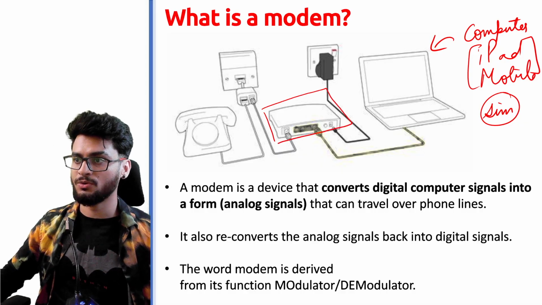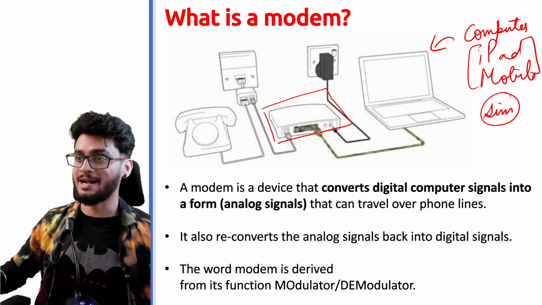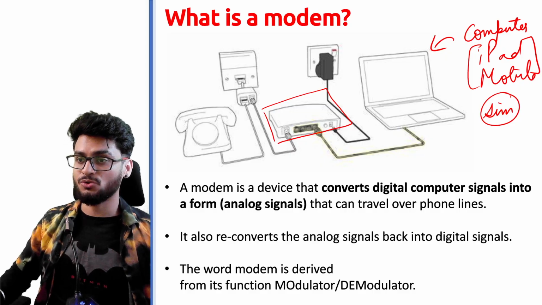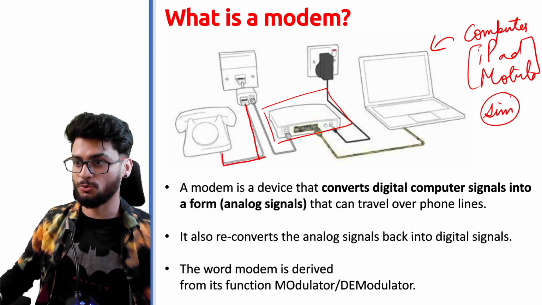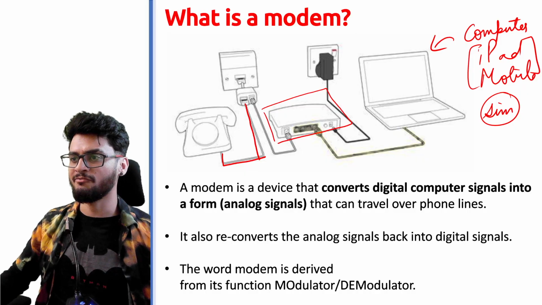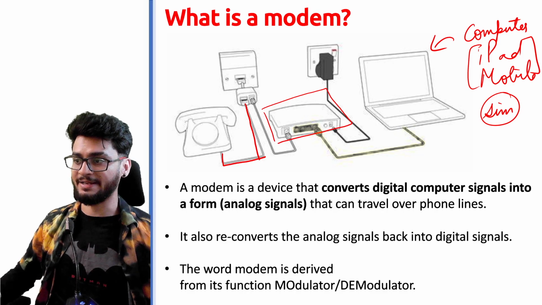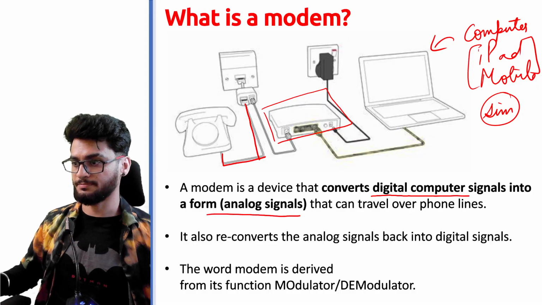What does the modem do? It converts digital signals into analog signals. Now analog signals क्या होता है, you might be asking. So earlier telephone lines के through जो signals pass होते थे उसको हम लोग analog signals बोलते हैं. Right now we don't use modems, हम लोग routers generally use करते हैं. But modem is a device that converts digital signals into analog signals.